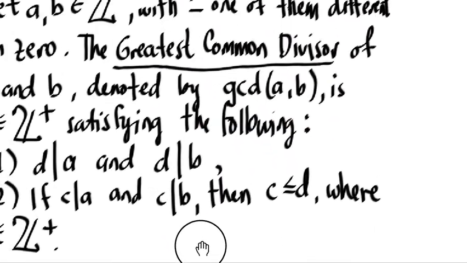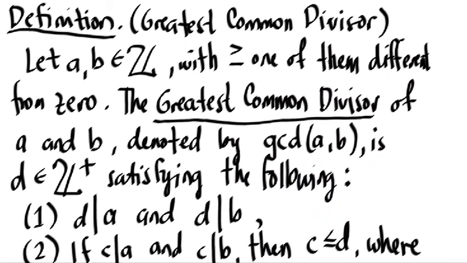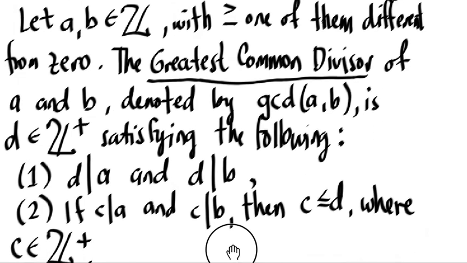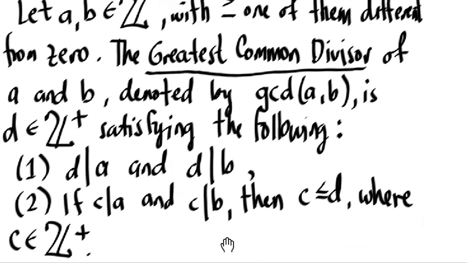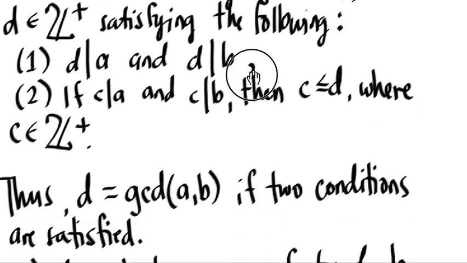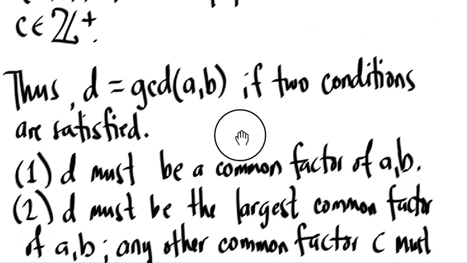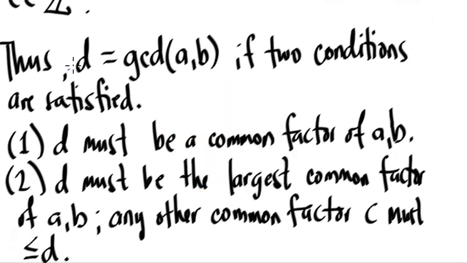Let me click on zoom in. We have defined that, and it has two conditions. The GCD is equal to this certain value D if two conditions are met: if D is a common factor of both A and B, and if there exists any common factor C, then C must be less than or equal to D, meaning D is the greatest common divisor.